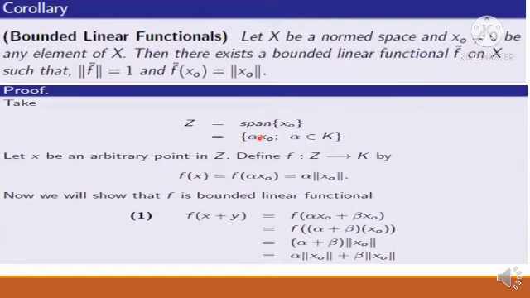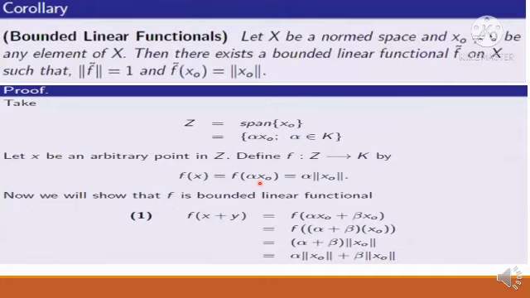The spanning set contains all the linear combinations of x0. Let x be any arbitrary point in this Z. Define f from Z to K by f of x equal to alpha times the norm of x0, because x belongs to this set, so we can write it as alpha x0.